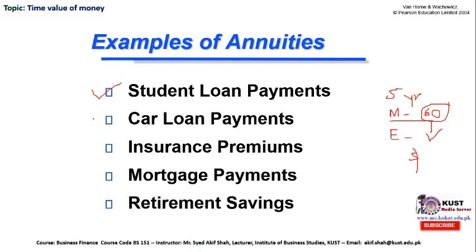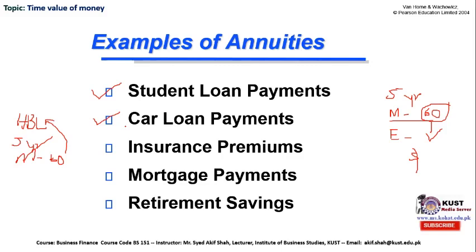For example, somebody has taken a car loan from a bank, let's say HBL, to purchase a new car, which he or she is obliged to pay out to the bank in 5 years, in monthly installments, which will be 60 monthly payments to be paid out to HBL.